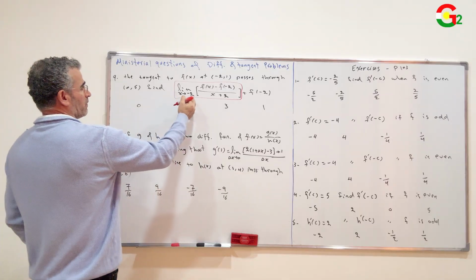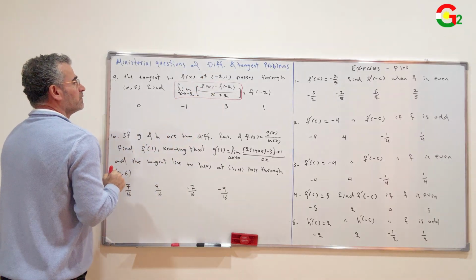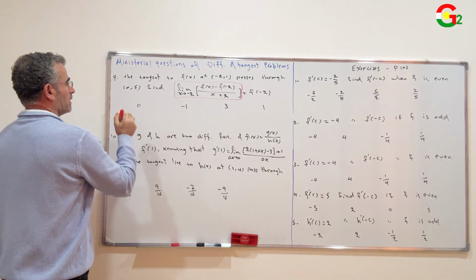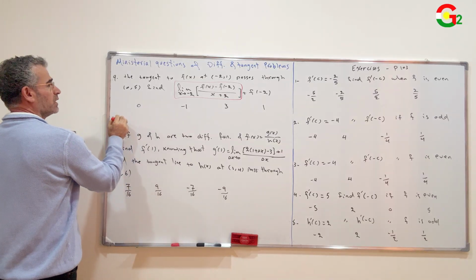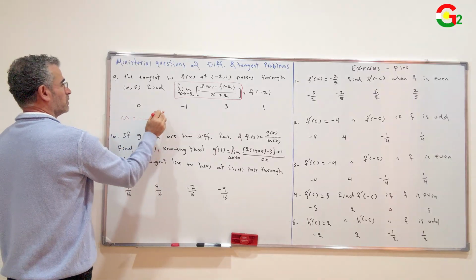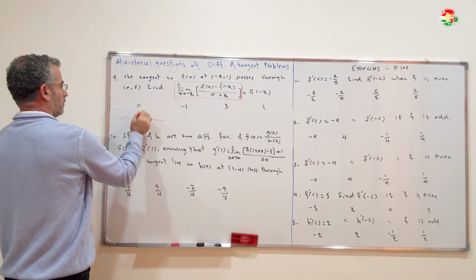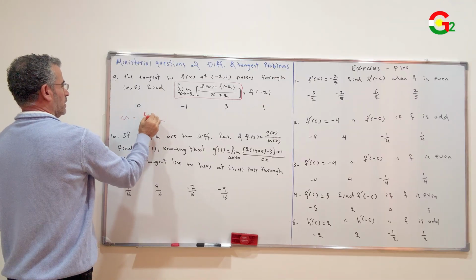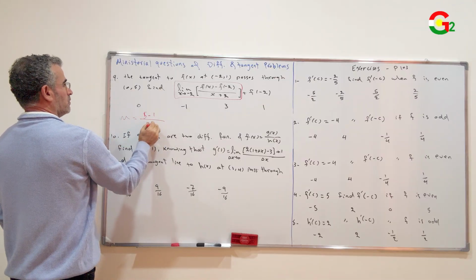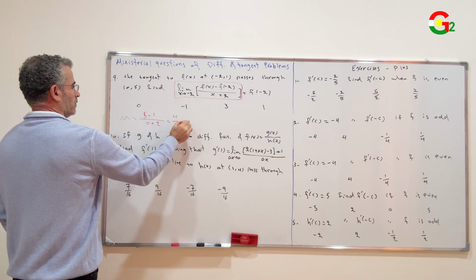The derivative of the function at -2 equals the slope of the tangent line at this point. The slope is y2 minus y1 over x2 minus x1, 5 minus 1 over 0 minus (-2), 4 over 2 equal to 2.